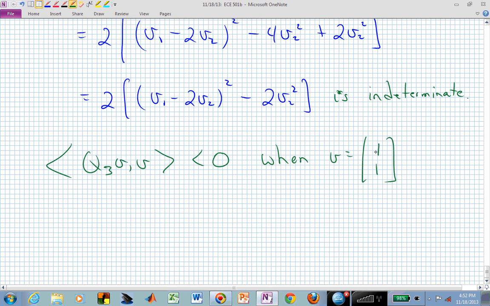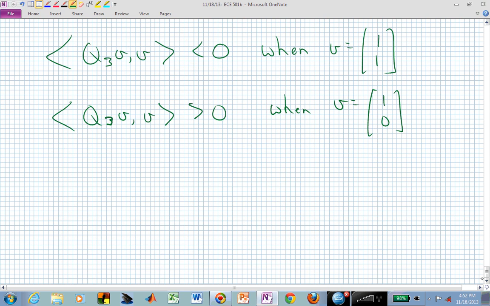If I do that, now I have 1 minus 2, so I have 1 squared minus 2, so that's going to work. Whereas I could choose Q sub 3 v, v to be positive when v is 1, 0.